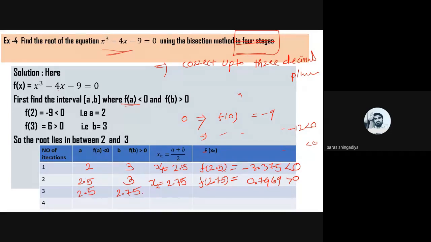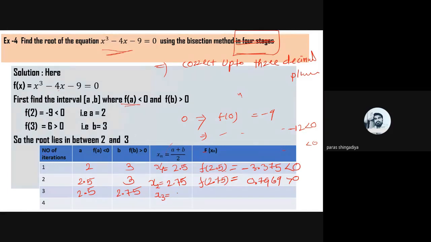Good. Now find x3. That will be 2.75 plus 2.5 divided by 2. Okay, 2.625.